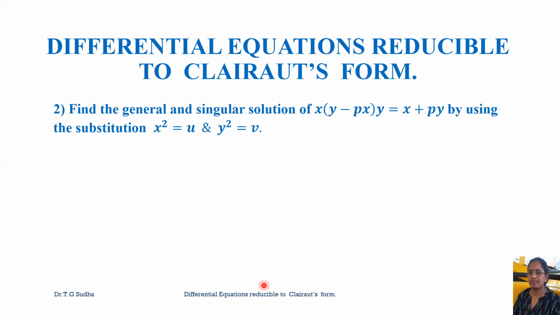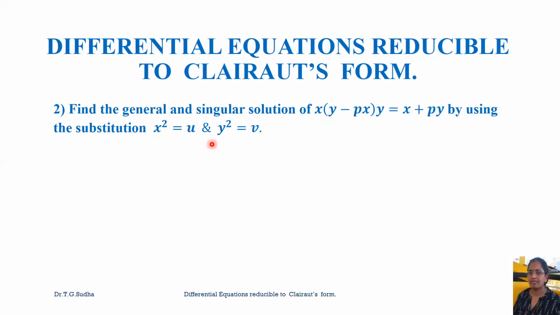Let us discuss one more example. Find the general and the singular solution of x into y minus px into y equal to x plus py by using the substitution x square is equal to u and y square is equal to v.